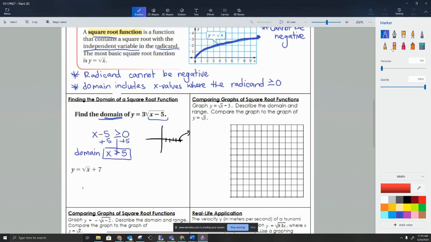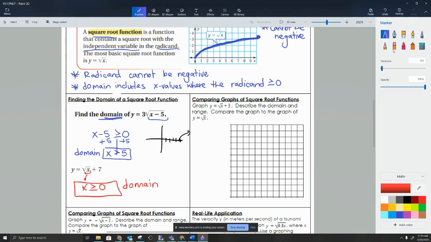In this case, we're just worried about x. So the domain is the radicand set greater than or equal to 0. We don't have to do any work. The domain is x greater than or equal to 0, so all x values greater than or equal to 0.